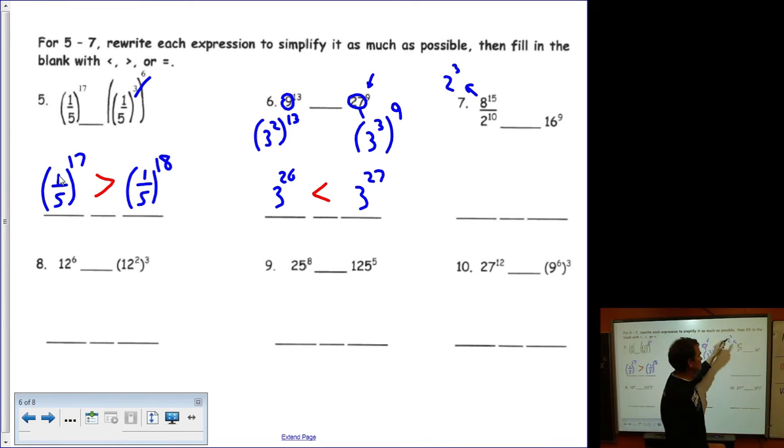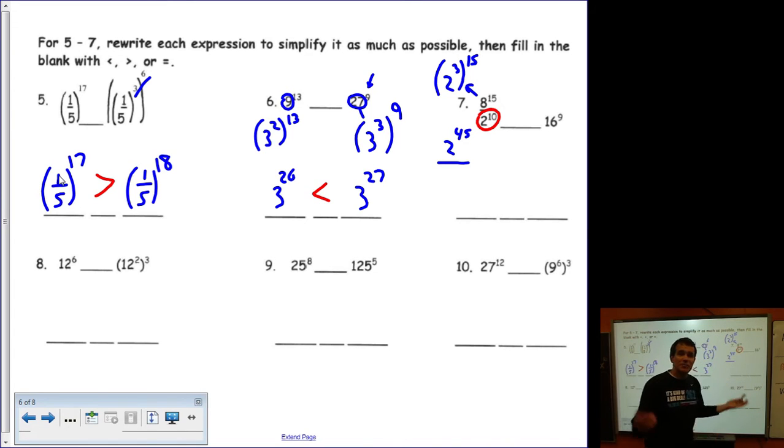Of course, the 8 was to the 15th power, so the 2 cubed is to the 15th power. And so my numerator here is actually 2 to the 45th power. 2 to the 10th cannot be lowered because 2 is not a perfect square or perfect cube.